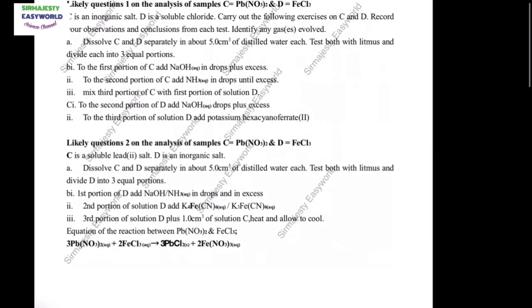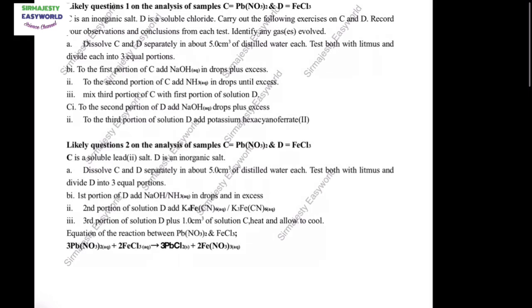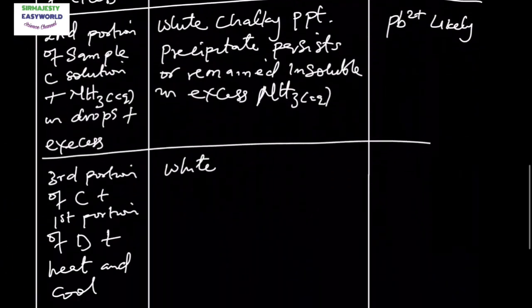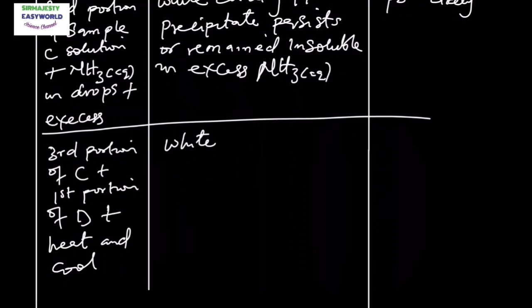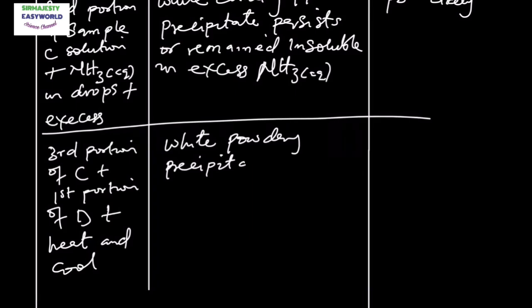Okay, please, third portion and D, you are required to heat and allow to cool. So there will be white powdery, which is the same thing as chalky. This time around, not in drops again.